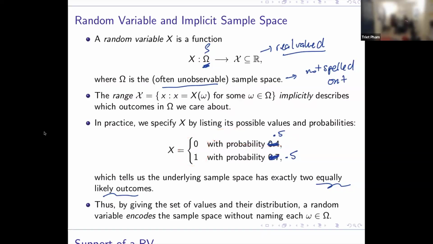It could be a coin toss, could be anything else. But notice that x equals 0 and x equals 1 turn out to be the two outcomes of this sample space. So whatever is behind the scenes is not spelled out, just the values the random variable can take.